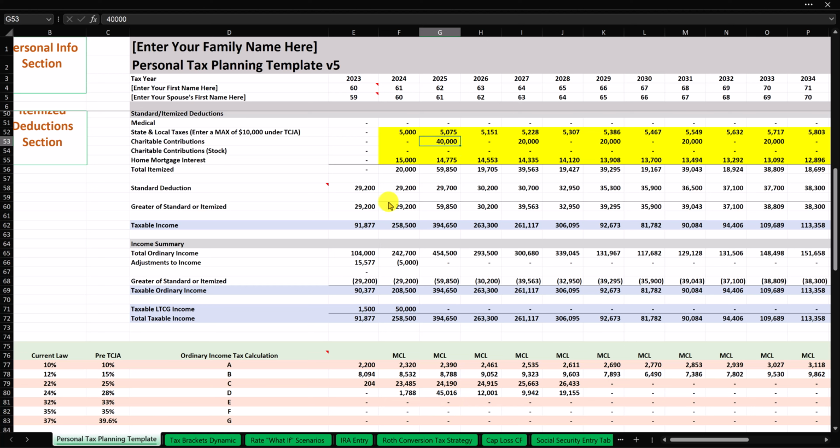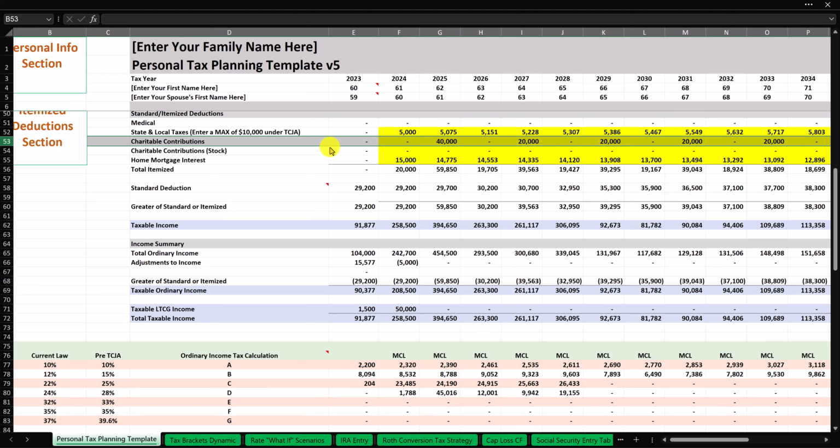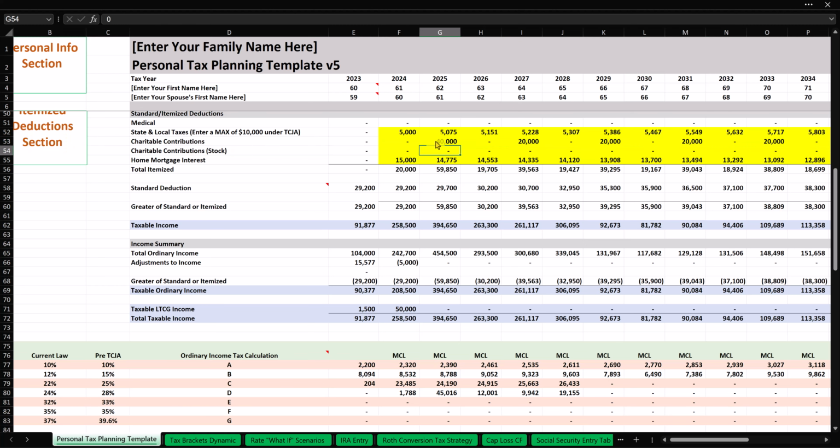Now, what other adjustment do we need to make, if any, in this row right here for charitable contributions? Well, it's just going to depend on your situation. We could skip this year, for example. I could just put 0 there, and so we've moved the $20,000 that was here into here. Obviously, you'd have to have the cash available or the securities or whatever you're donating available in this year in order to accomplish this.